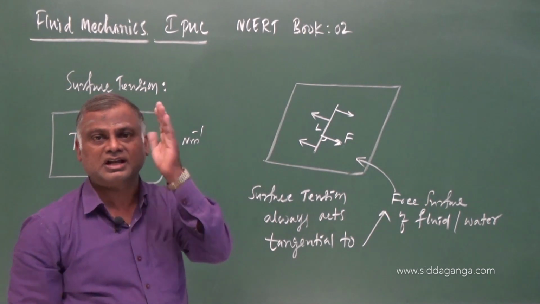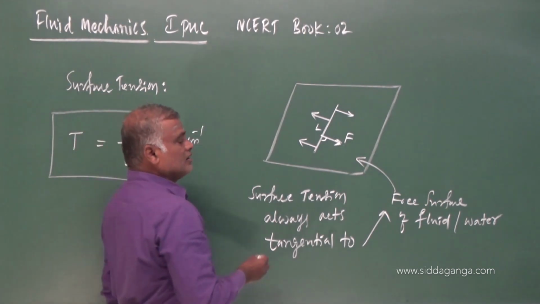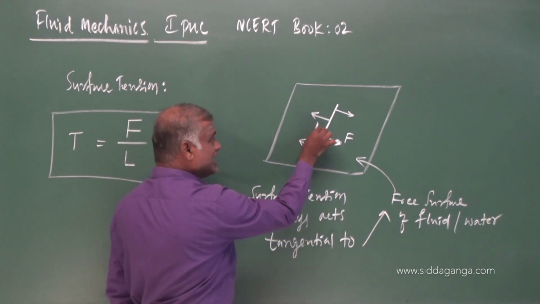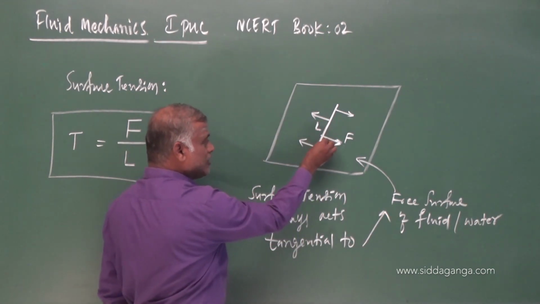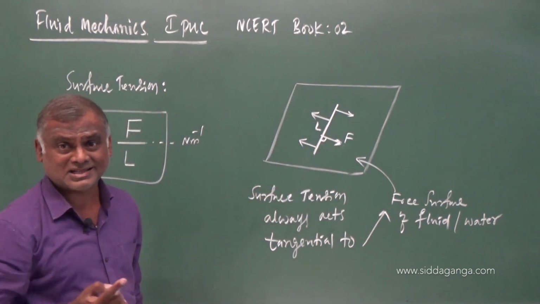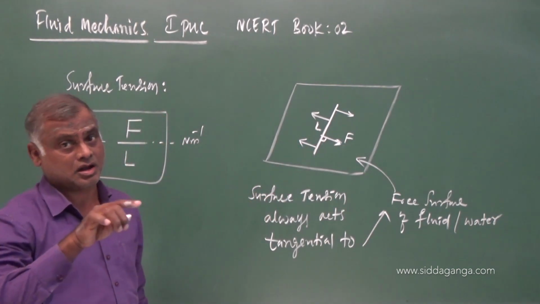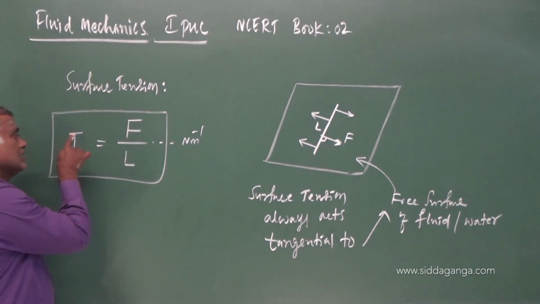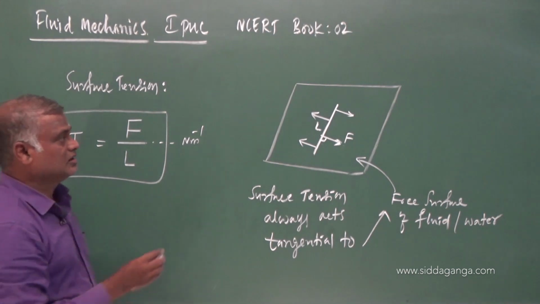You must have that in your mind. And to that imaginary line drawn, if I observe this length or direction, it should be perpendicular. The imaginary line is perpendicular. And that force per unit length we have called surface tension.